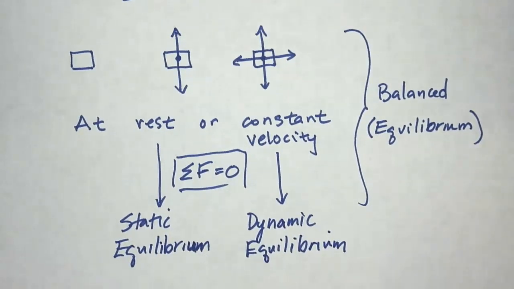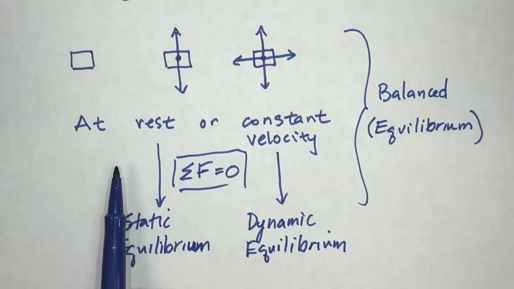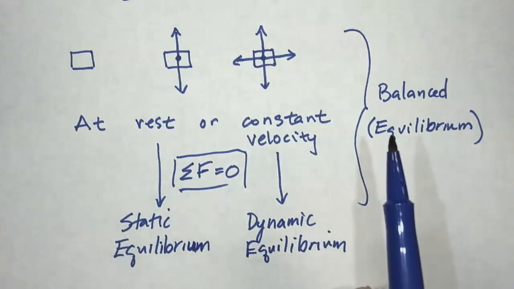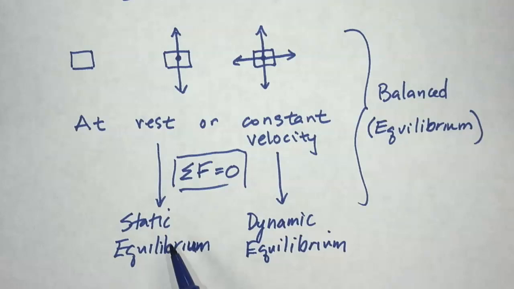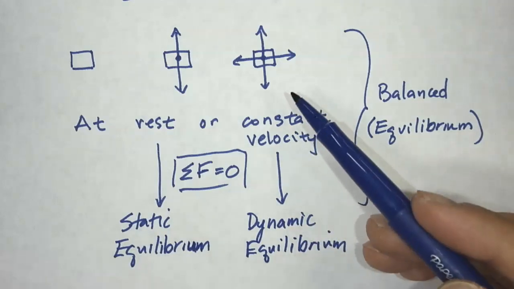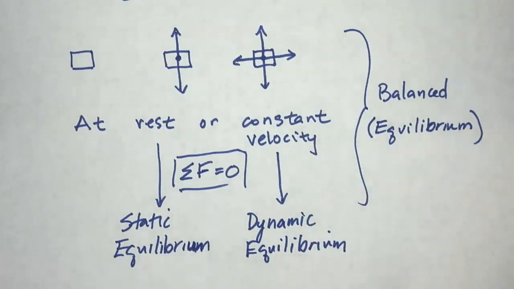So an object that is at rest and forces are balanced will stay at rest, and we call that static equilibrium. Object is moving, forces are balanced. We say that it is in dynamic equilibrium.